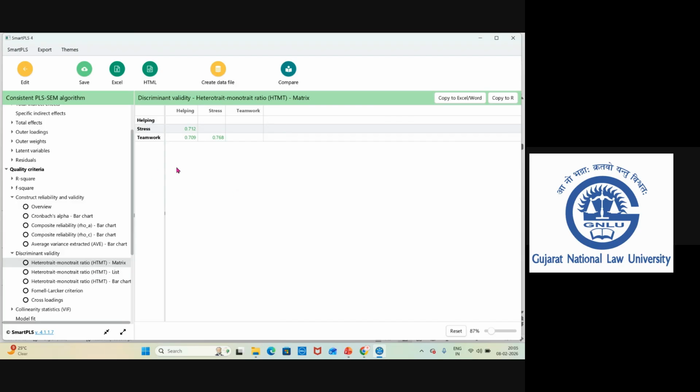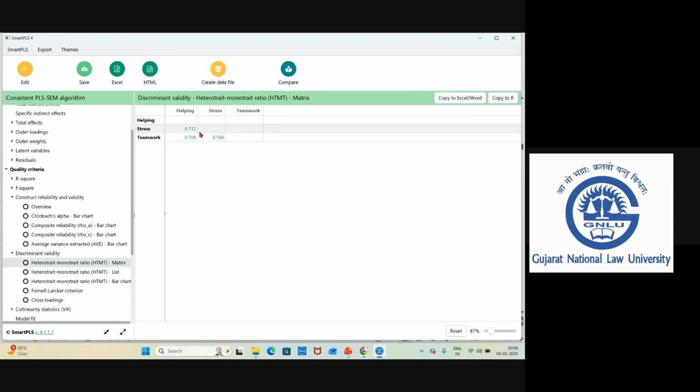The output shows all the three pairs of measurement models, like work stress to helping behavior, and helping to teamwork. Similarly, you can also compare stress with teamwork. While comparing this particular construct with other constructs, stress is having higher values. Similarly, when you're comparing helping with other constructs, this particular value is higher.